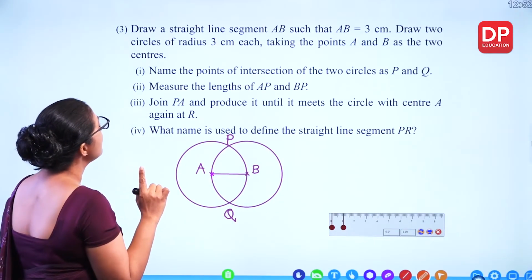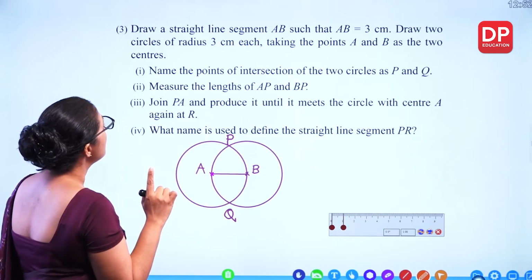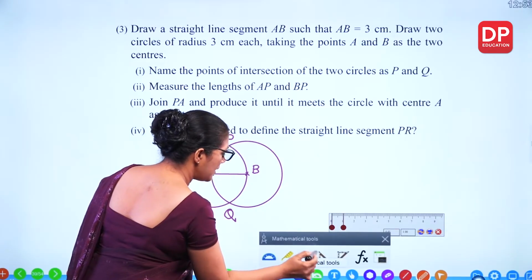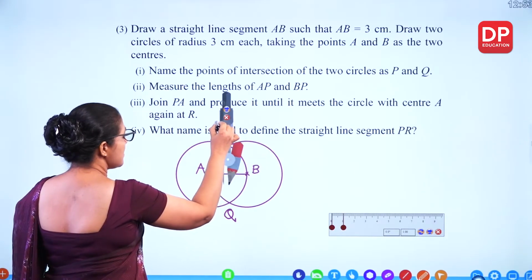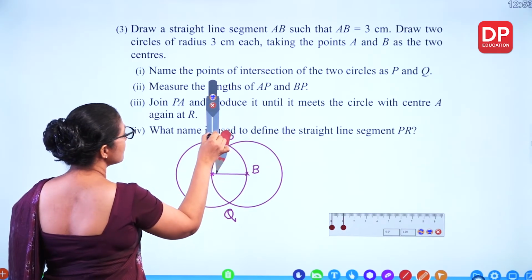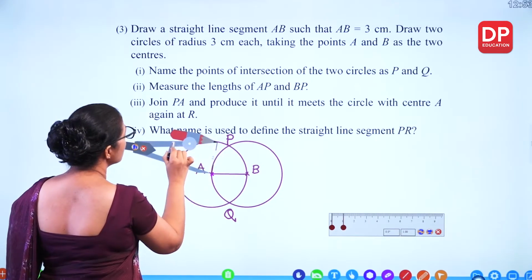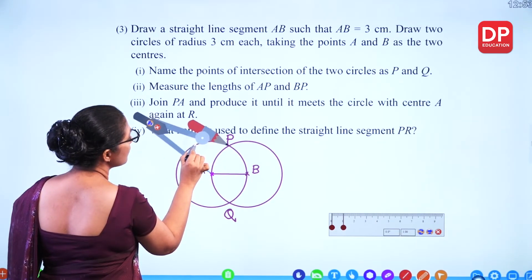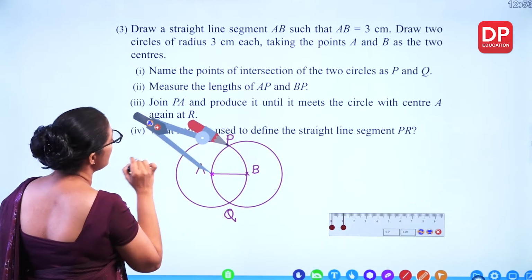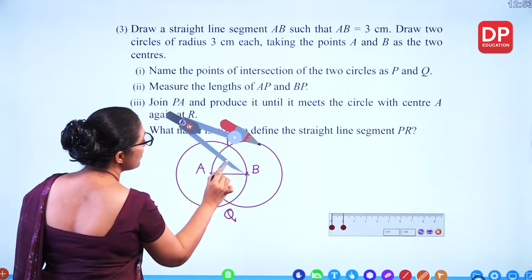And we need to measure AP and BP. So we'll take the compass and see what's this distance here to here. Here, that's AP. BP from here to here.